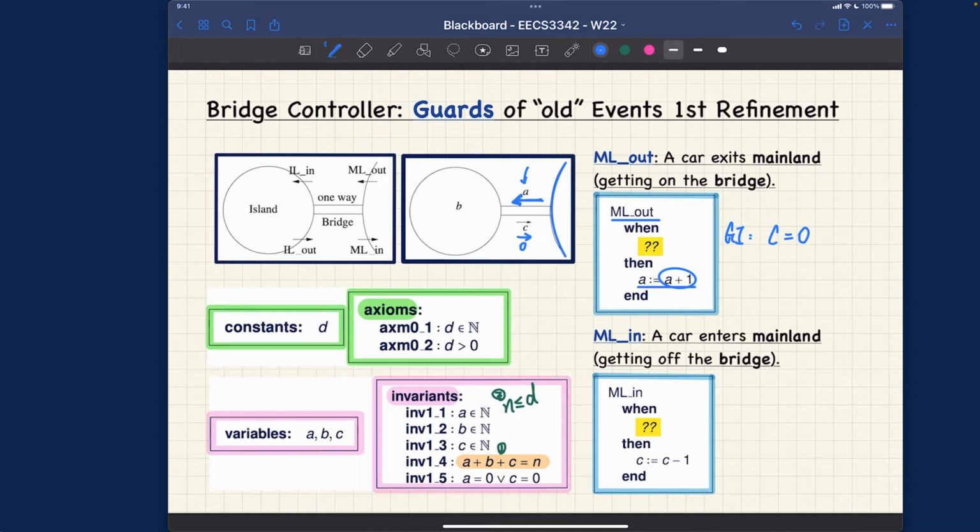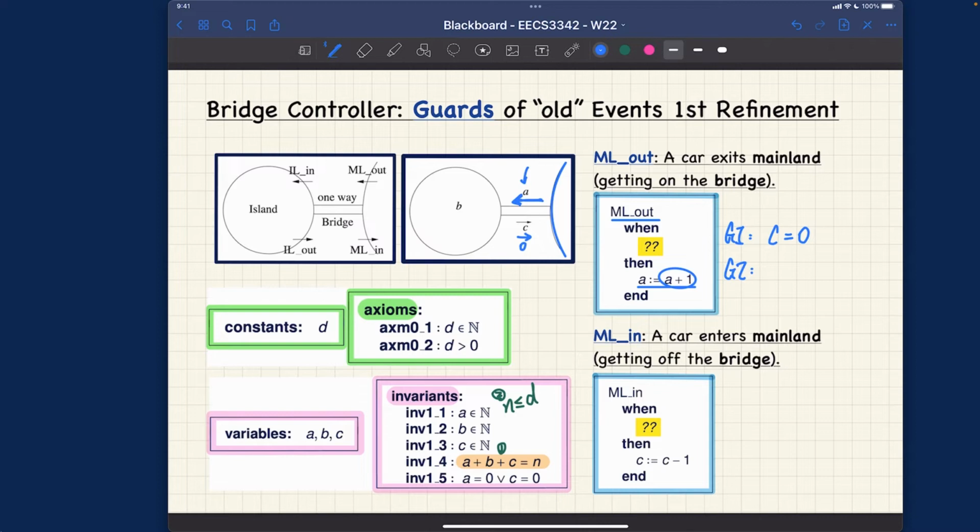What about number 2? We want to make sure the total number of cars is consistent with what we defined in the initial model, meaning N is less than or equal to D. You can check the invariant over there. Let me give you some intermediate equations to work out a final answer.